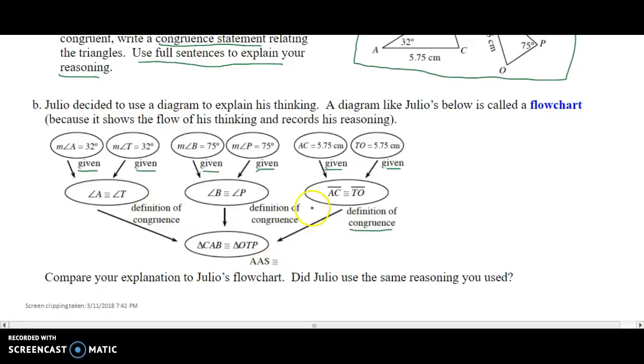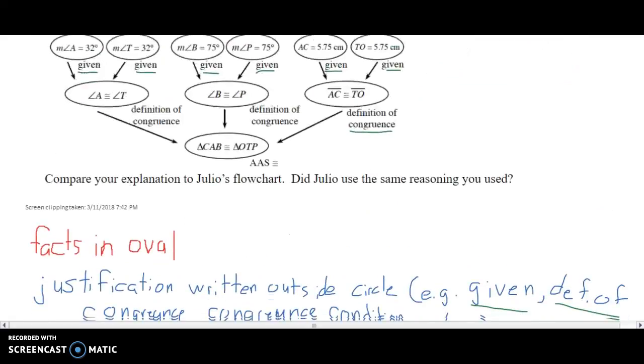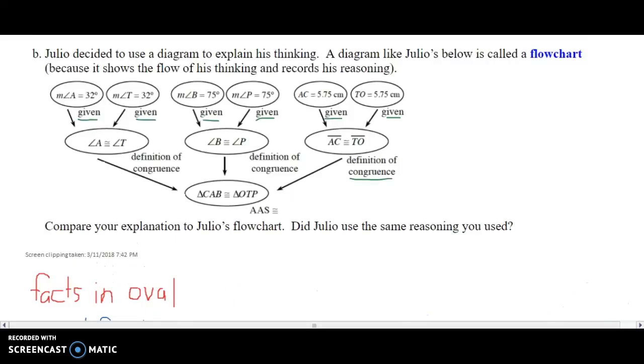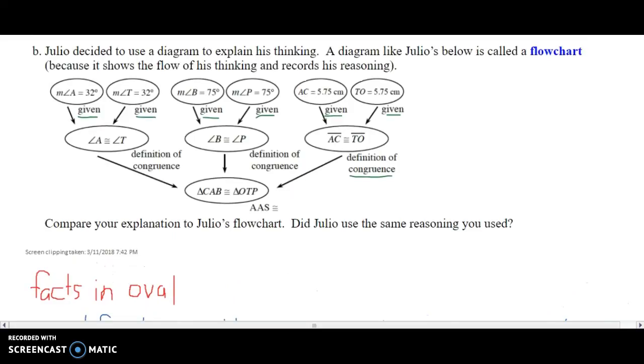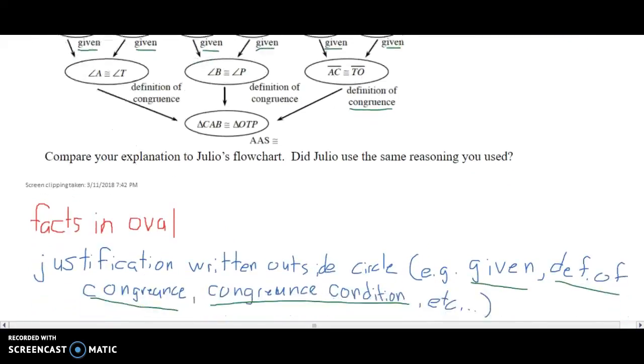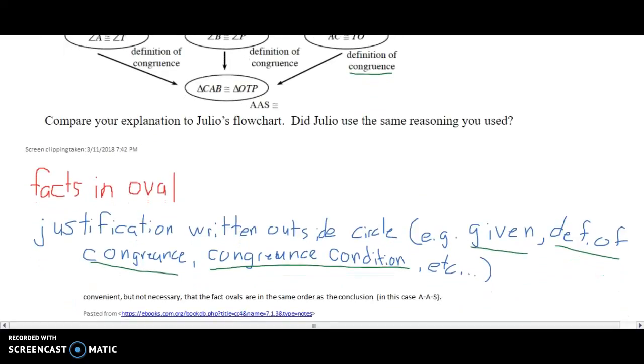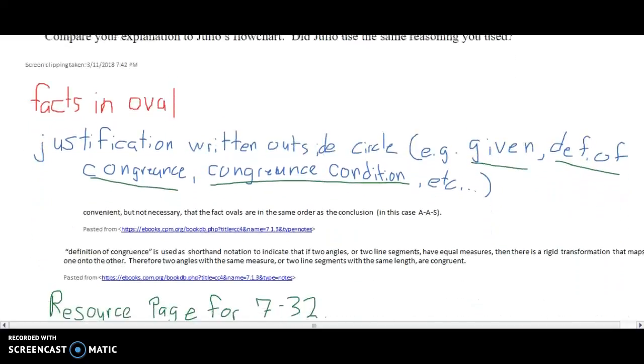It's nice to have it laid out that way. It's not 100% that you must do it that way. It's just for flow and following; sometimes it's a little bit easier and nicer if you remember to lay it out that way. But don't stress if you forget, because it's not 100% necessary.